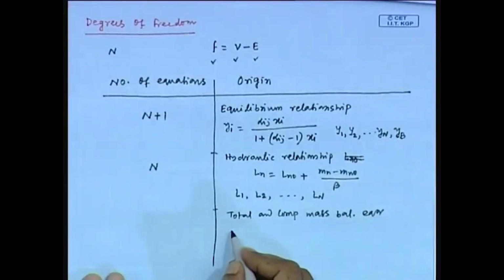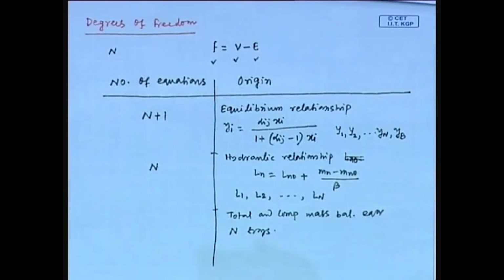First, we will consider for n number of trays. For n number of trays, how many equations are there? 2n. One total mass balance equation, one component mass balance equation for each tray. That means 2 equations for each tray. So, for n number of stages, we have 2n equations.